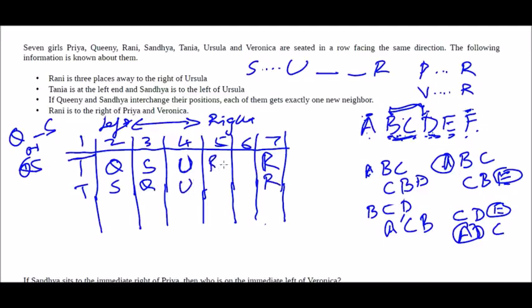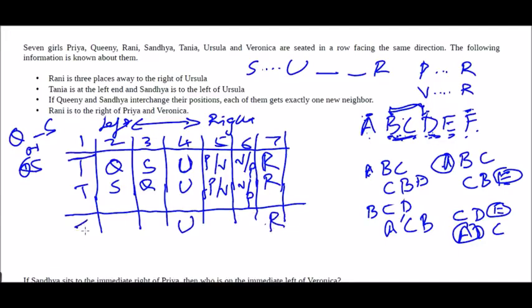So this can be P or V. This can be V or P. Similarly, this can be P or V. This can be V or P. Now, another scenario which is possible is when Sandhya is here and Queenie comes on this side. So you can have P or V. You can have V or P. So this will have another 2 permutations.